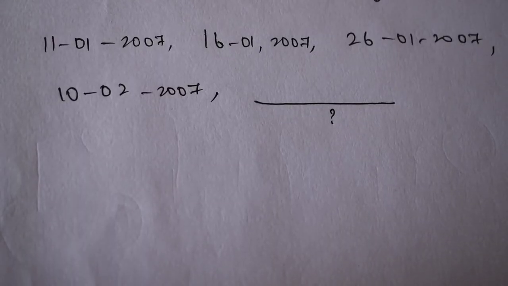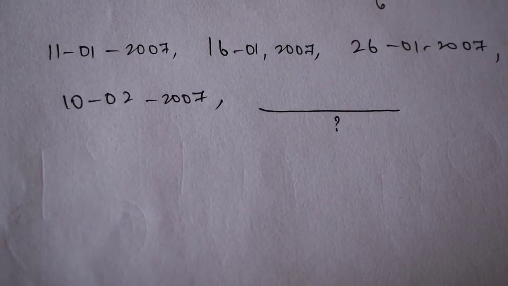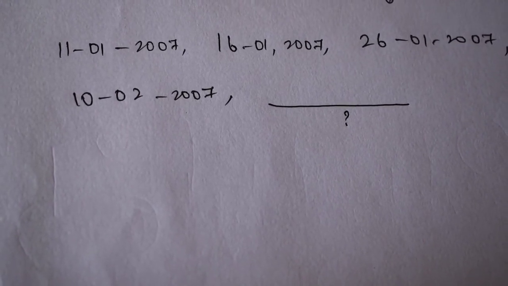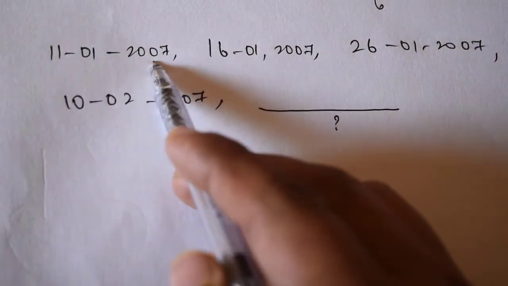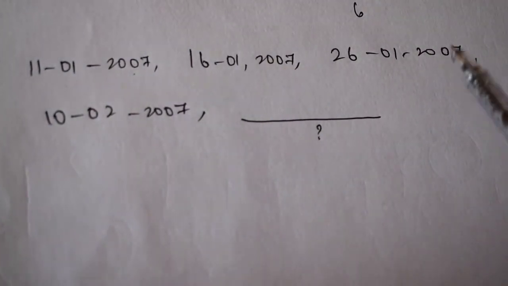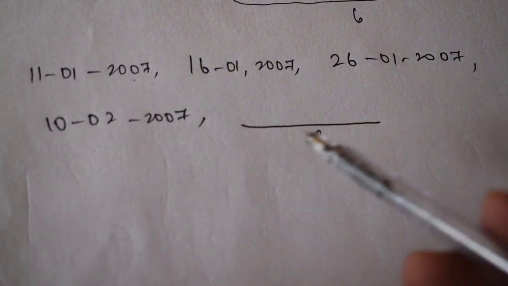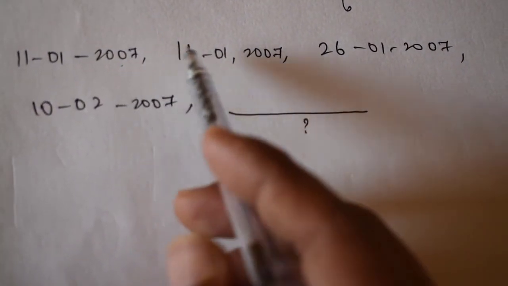Here is another question. Let us solve this question. It is 11/1/2007, 16/1/2007. It is something related to dates. So 11th of January 2007, 16th of January 2007, then 26th of January 2007, 10th of February 2007. Then what is the next date after this? Let us see the difference between these dates.